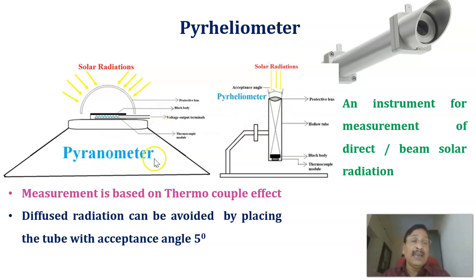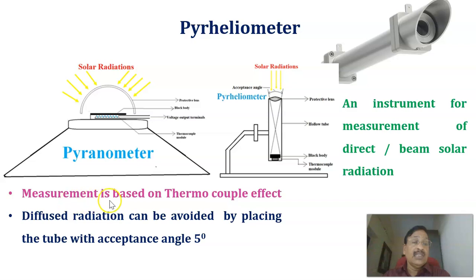Now, if you compare with a pyranometer, as you know, this is a dome base, and when all the radiation passes through it, it heats the black surface, and the temperature rise is measured using the thermocouple. The sensing element is the same, but here it measures all the radiation, that is direct plus diffuse radiation. That is the pyranometer. But the pyrheliometer measures only the direct radiation.